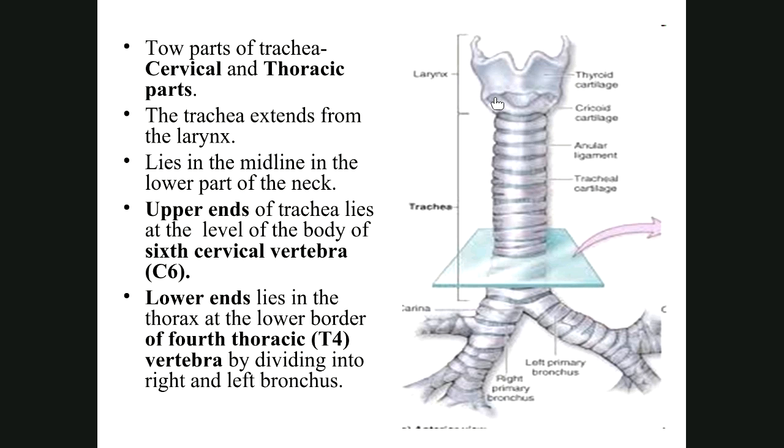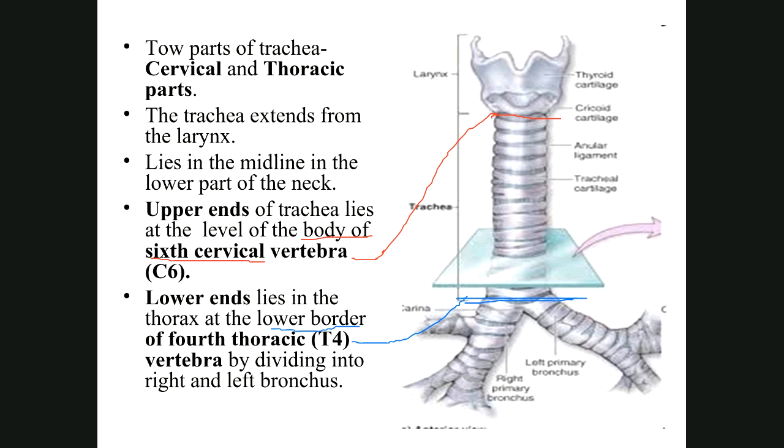From where to where is the trachea extended? It has the upper end and the lower end. The upper end of the trachea starts from the body of the sixth cervical vertebra. So where does it end? The trachea ends at the lower border of the fourth thoracic vertebra.